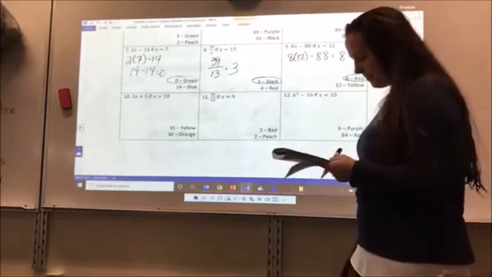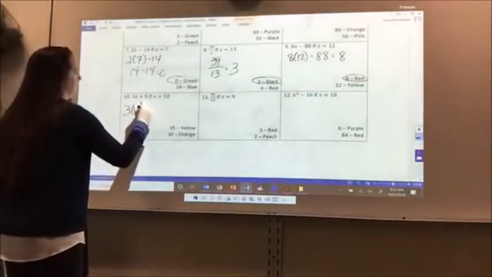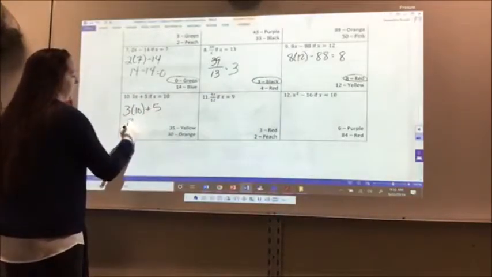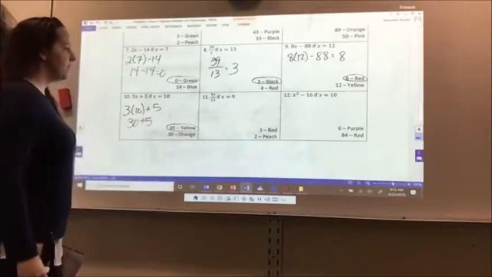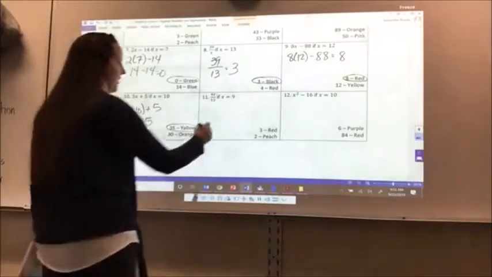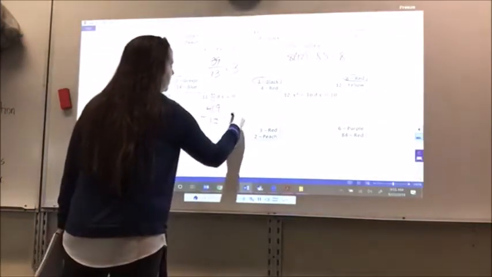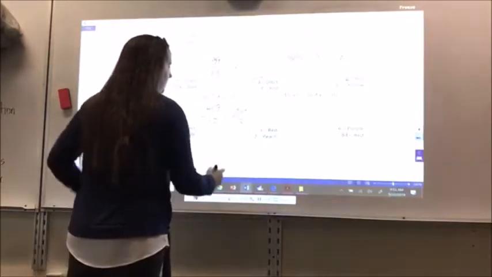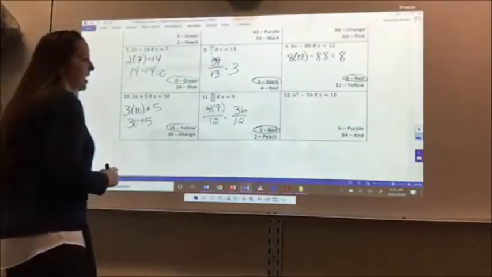Number 10, 3x plus 5 if x equals 10. 3 times 10 is 30, plus 5 gives me 35, so yellow. Number 11, 4x divided by 12 if x equals 9. So 4 times 9 over 12, which is 36 over 12, which is 3. So I color anything with 11 red.